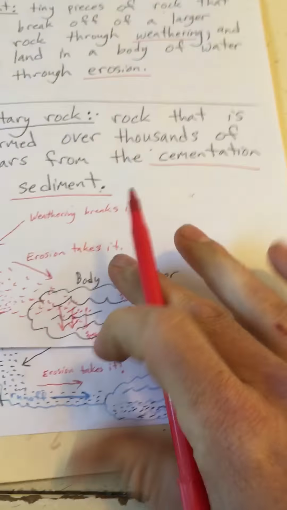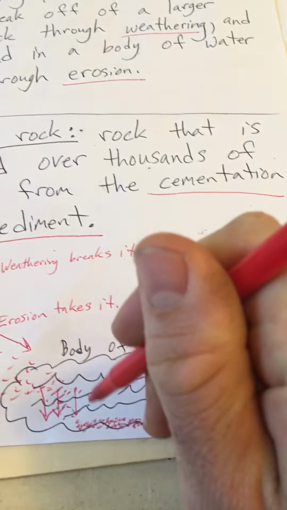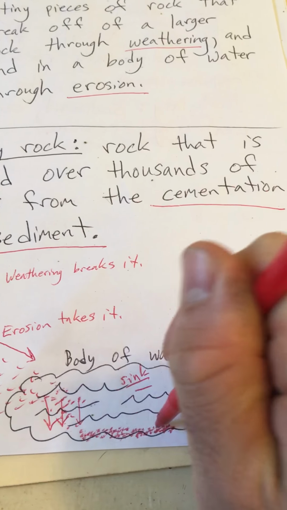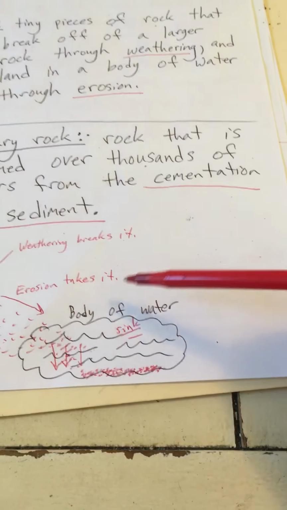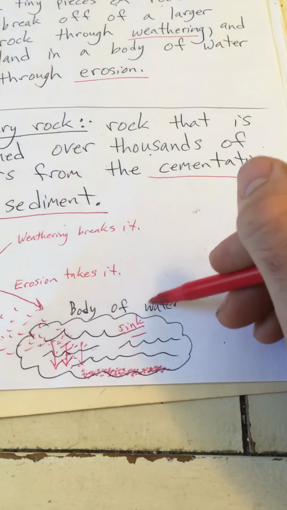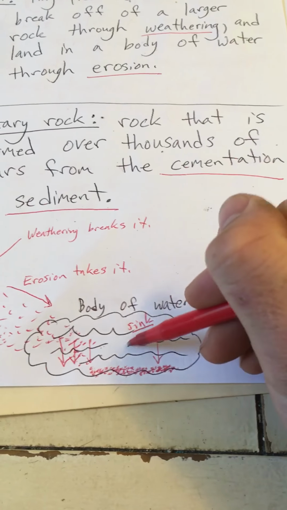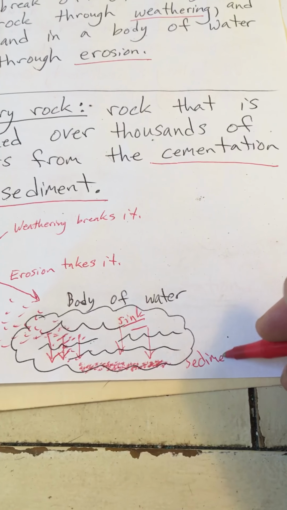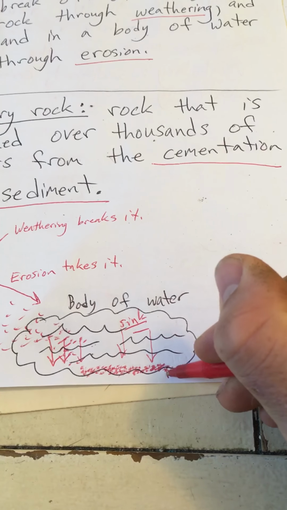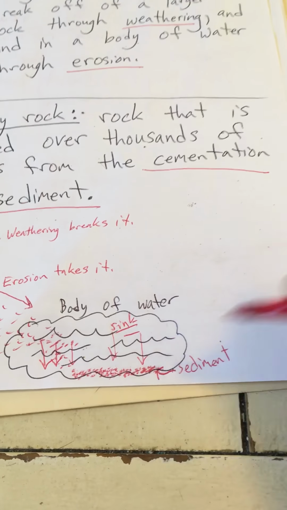So all these tiny little pieces of sediment are now stacking up at the bottom of this body of water. The water's not moving much, it is just sitting here, so it all will sink down to the bottom. So now we have all of this sediment here at the bottom of this body of water.